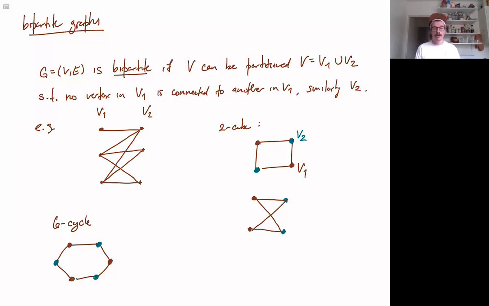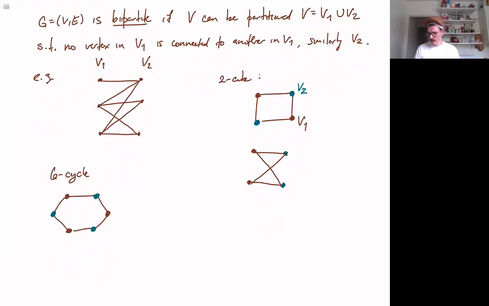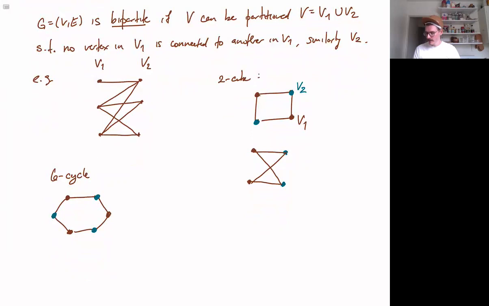And you can see that no blue vertex is connected to another blue vertex, and no red vertex is connected to another red vertex. So that makes this a partition that is a witness to it being bipartite.